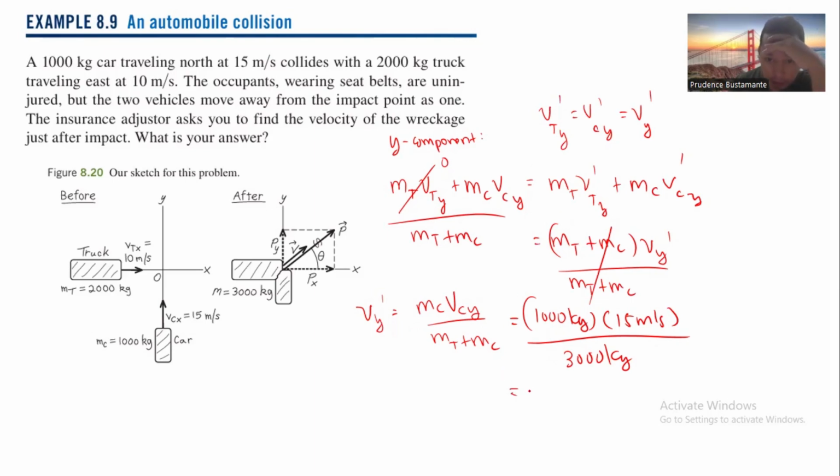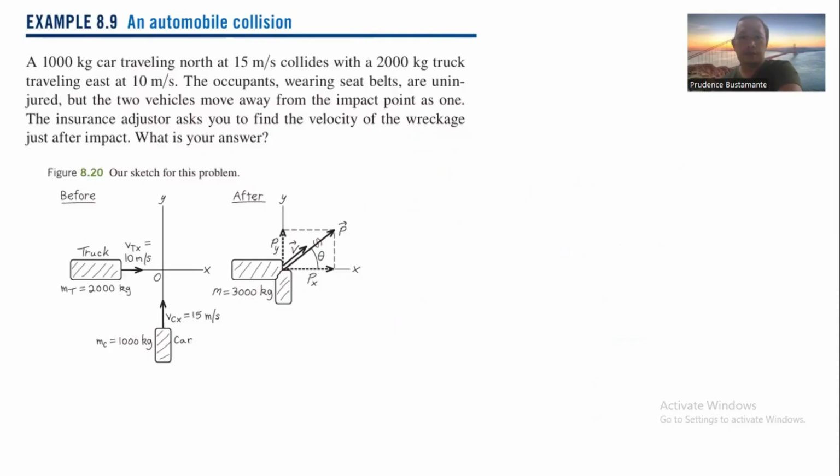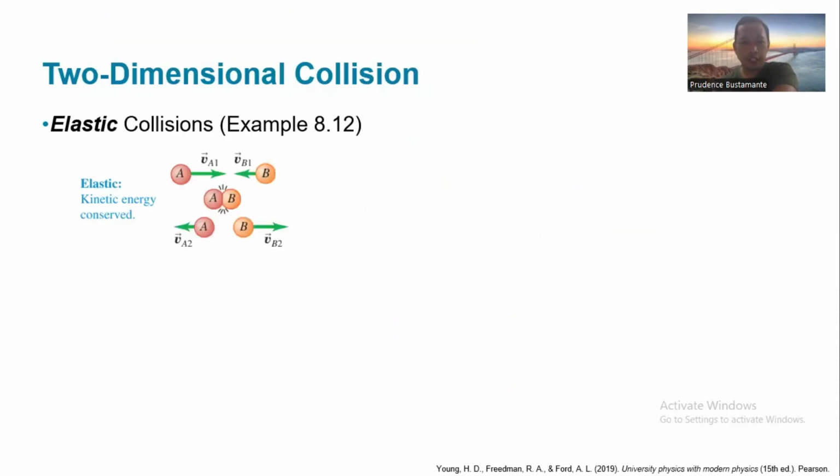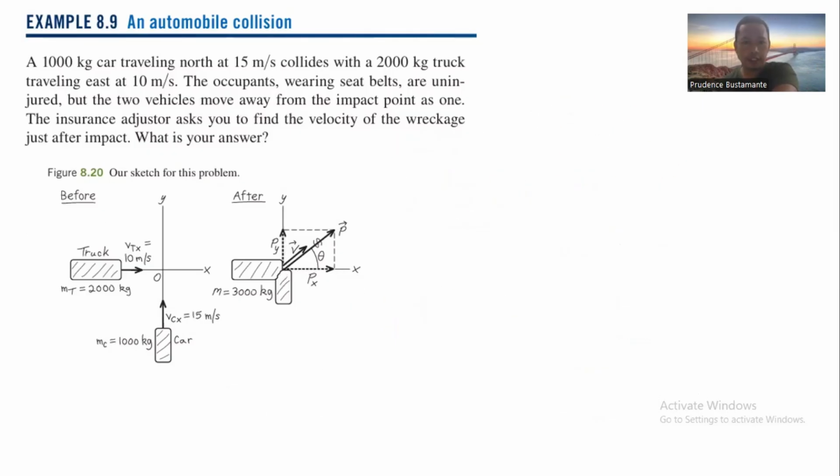So we have 5.00 meters per second. Okay. So we have Vy and Vx, so we can actually calculate now the magnitude of the velocity of the wreckage.